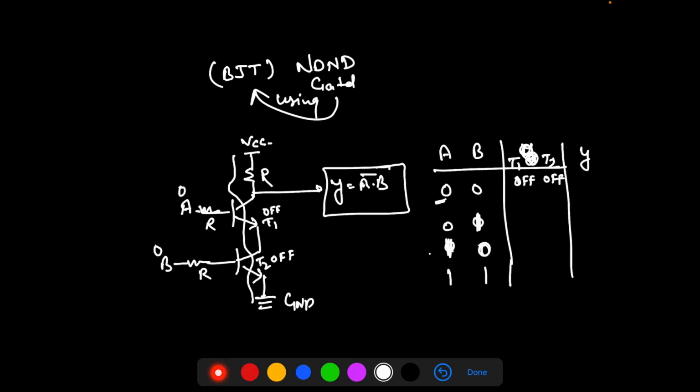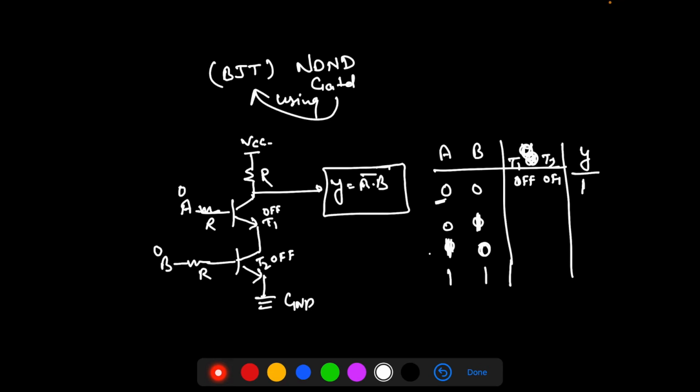It will break down here and here in both the switches, so these behave like open switches. So our output is the same as our input VCC. So our output will be 1, meaning here we will get 5 volts. 5 volts means logic 1, so our output will become 1.